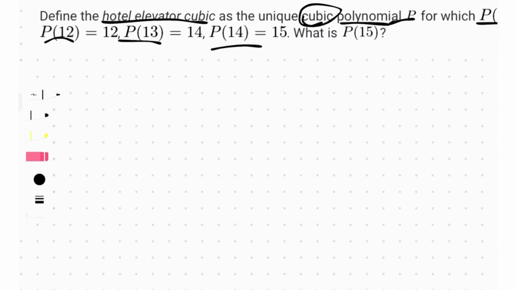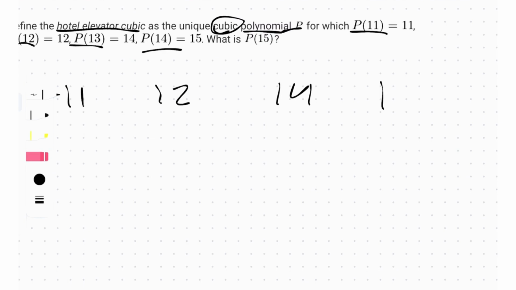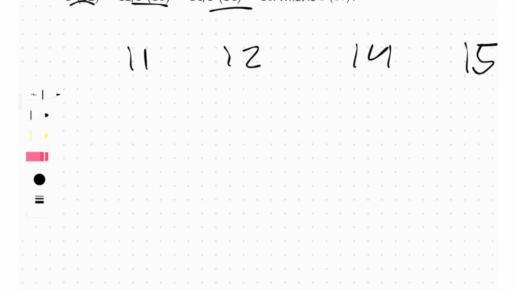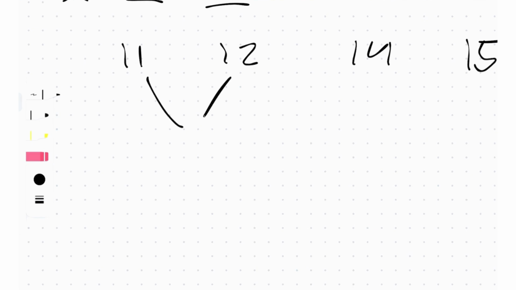So let's begin. We'll start with our first starting data, 11, 12, 14, and 15. And of course, we want to find the next term in the series. 11 and 12 gives us 1, 12 and 14 gives us 2, and 14 and 15 gives us another 1.